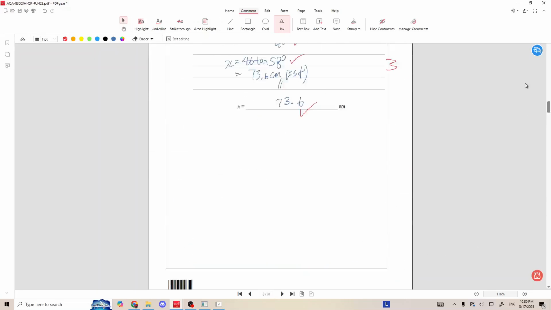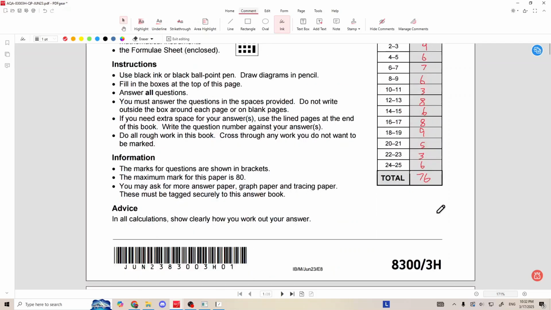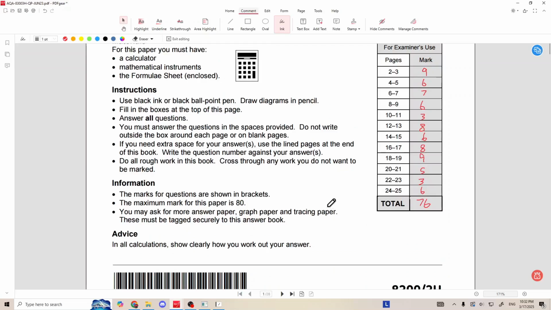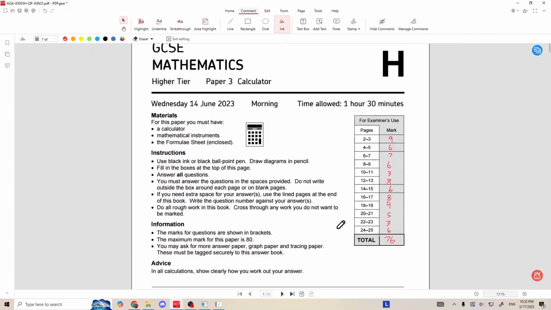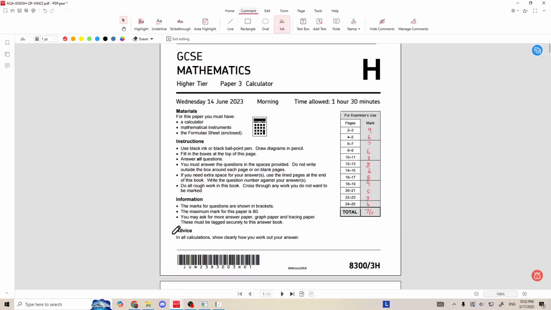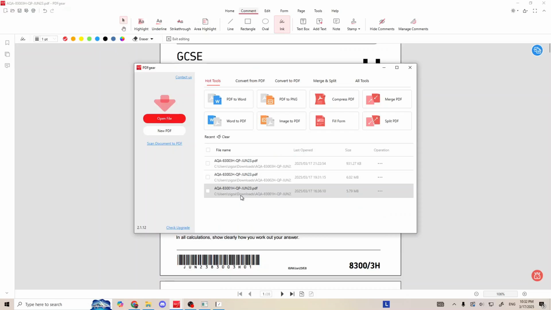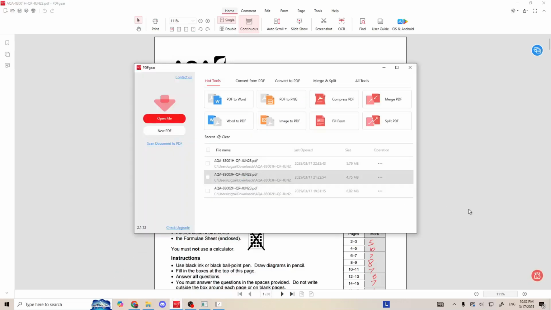So how did I do? 76. Okay. Pretty impressive. That is my best result out of the 3 of them. Doesn't mean that I should improve. I think it just means I happened to do best on this one. So in summary, let me save this and you can take a look at how I've done for all 3 of the papers.